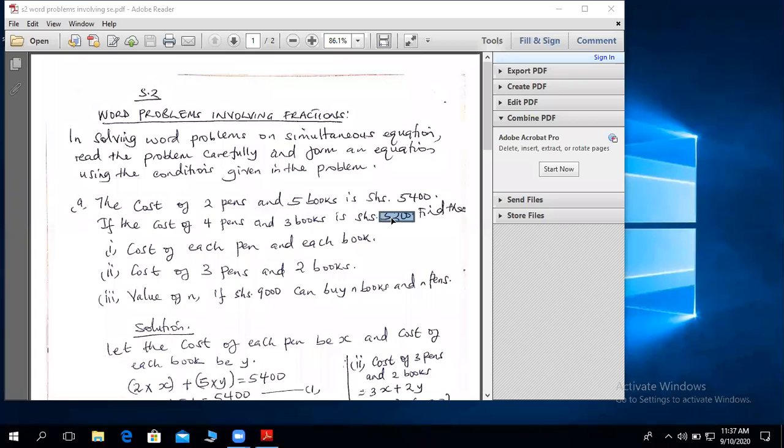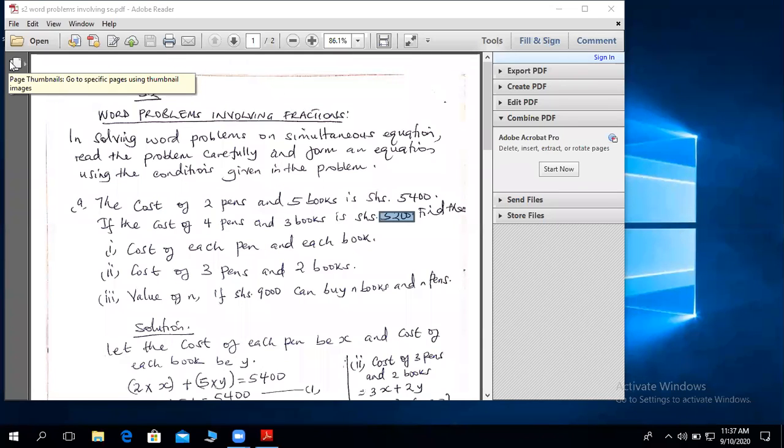But if someone has 5,200, that fellow can buy 4 pens and 3 books. So the question is, find the cost of each pen and each book.